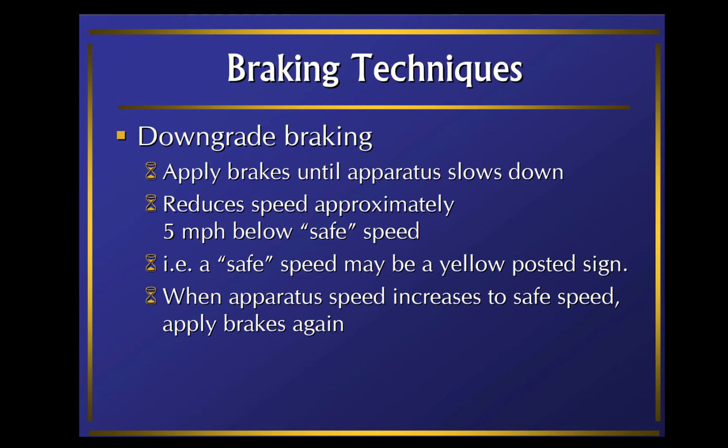You would want to be traveling at 35 miles an hour and apply the brakes anytime you go over 35, so that in theory you never went over the safe speed with that extra buffer of 5 miles an hour. When the apparatus speed increases again to the safe speed, apply the brakes again.